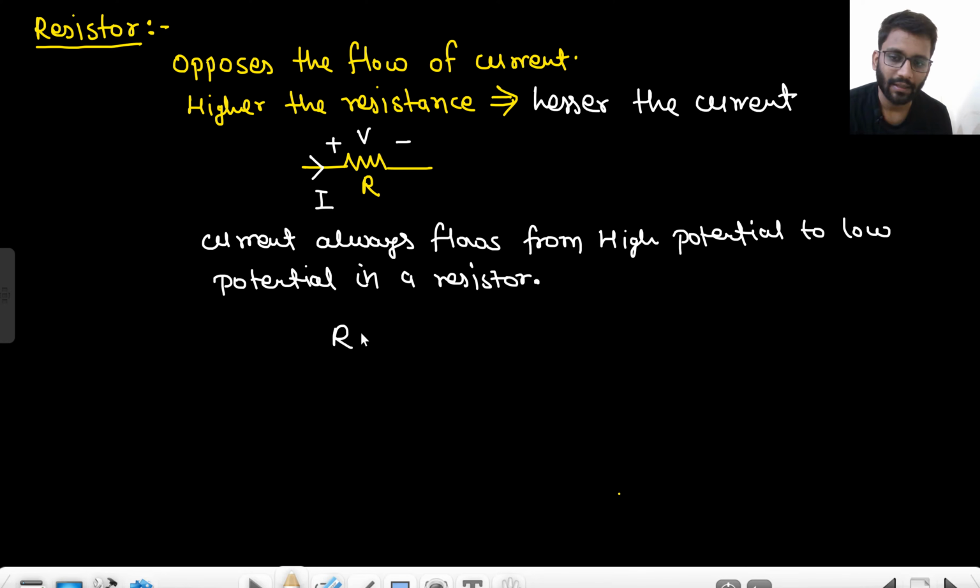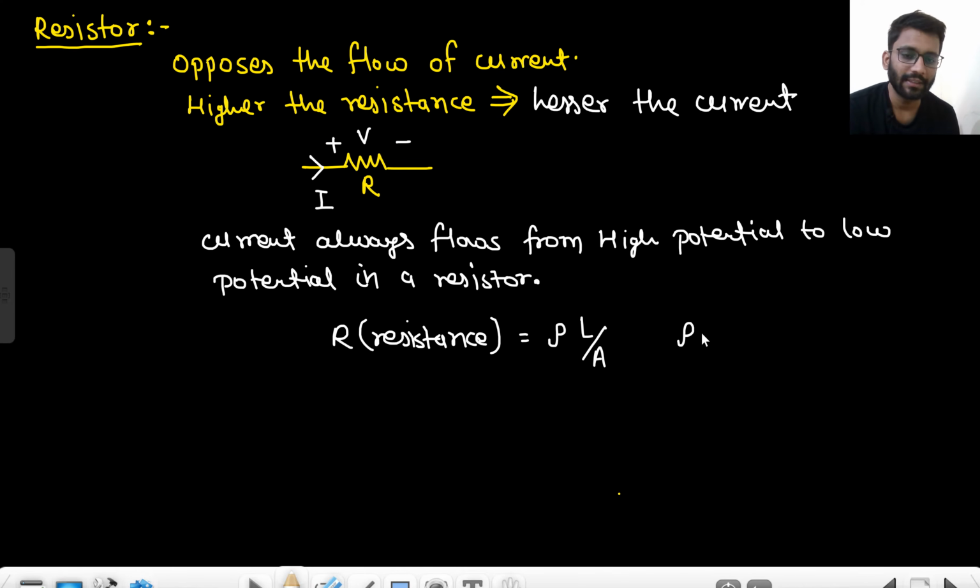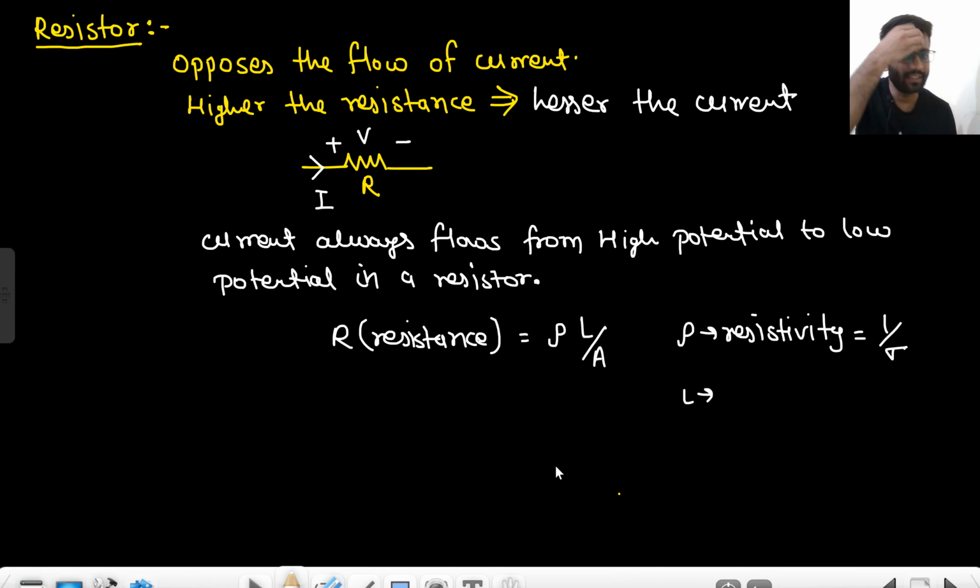R we call resistance. R is basically rho into L by A. What did we write here? 1 upon sigma into L by A, or rho into L by A. So rho is known as resistivity, and that is equal to 1 upon sigma. L is the length of the conductor and A is the cross sectional area.